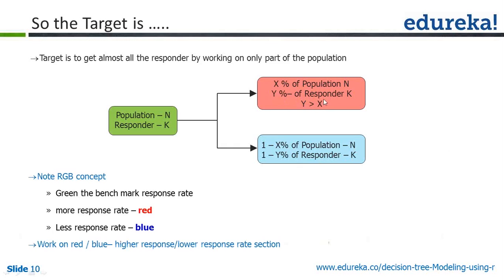You had 90% of responders by working on only 20% of the population. In the leftover population, working on 80%, you get only 10% of the responders. That's the blue zone. Whether you work on the red zone or blue zone depends on the situation. If you are looking at a response model, obviously you will work on the red zone. Is it clear?